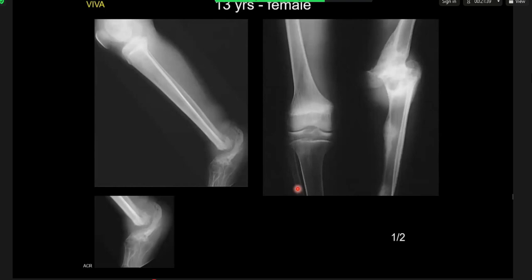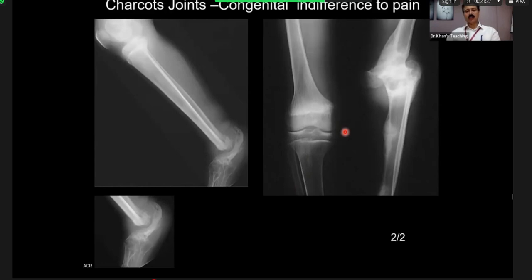In a 13-year-old female patient, my top differential will be congenital inability to feel pain. Okay, so there is an entity we call congenital indifference to pain. These children do not feel any pain and they jump from heights, they show off actually.